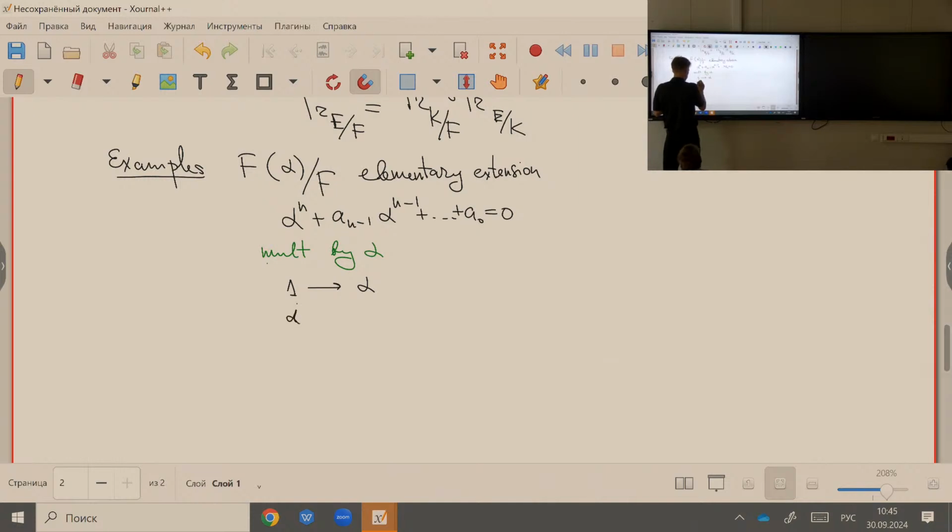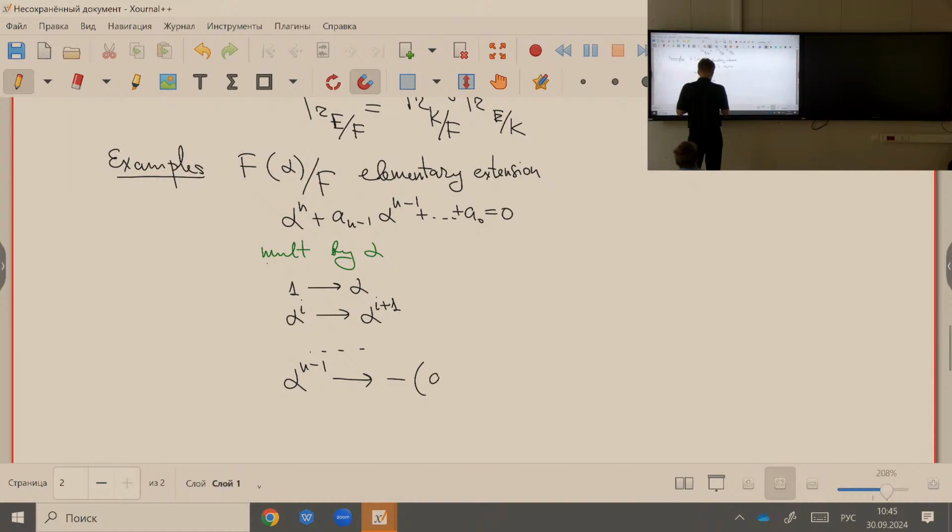So alpha^i will be mapped to alpha^(i+1), and alpha^(n-1) is mapped to minus a_(n-1) alpha^(n-1), etc., minus a_0.